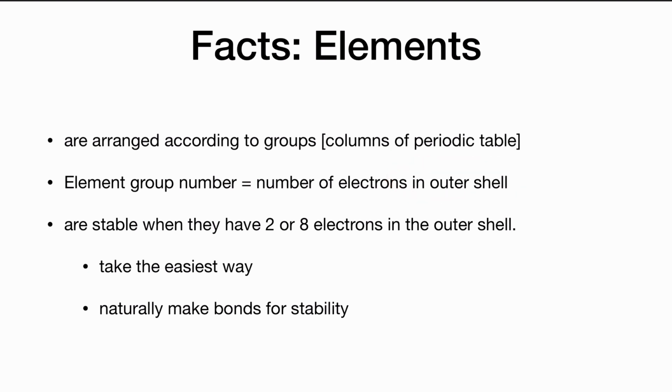The electrons in the inner shells do not participate in bonding, only the ones in the outer shell. So the group number tells us of the electrons that are available to make bonds.